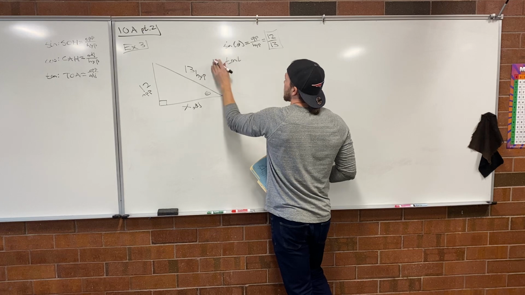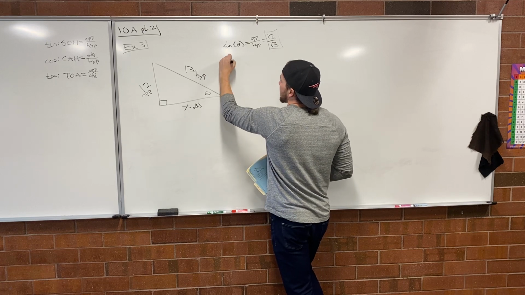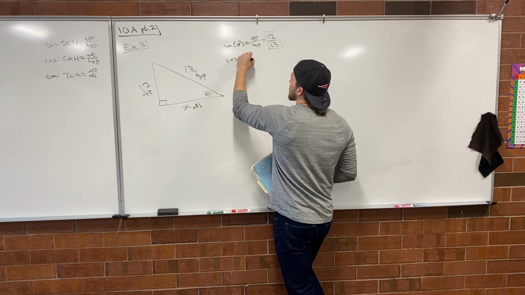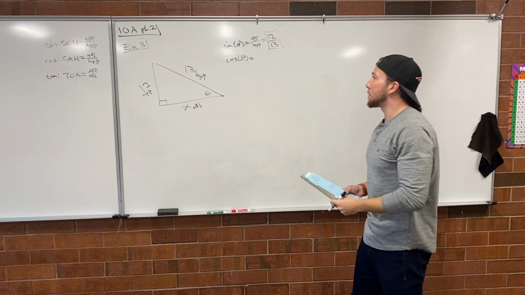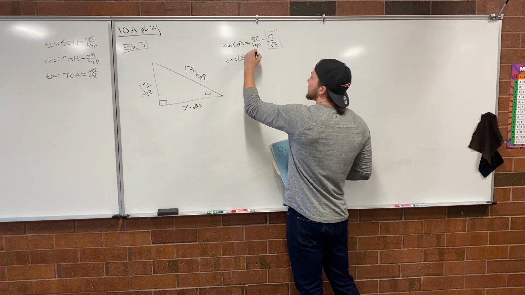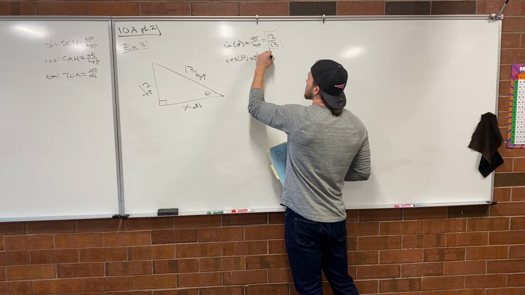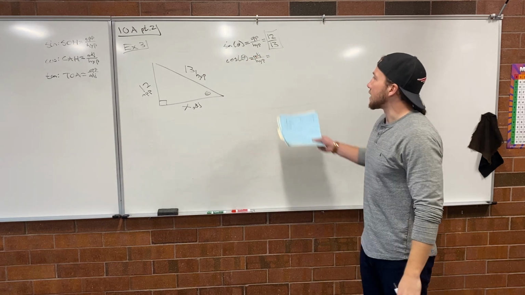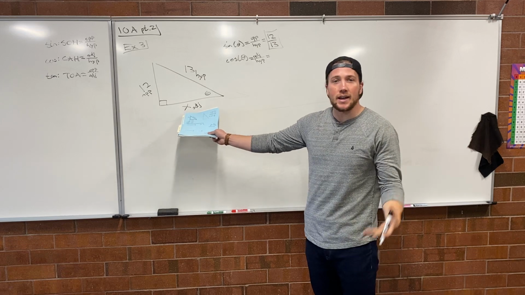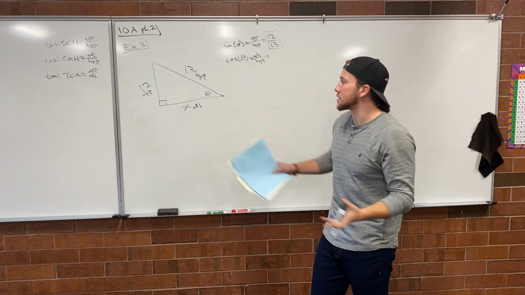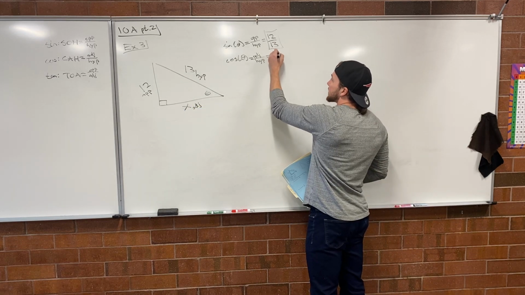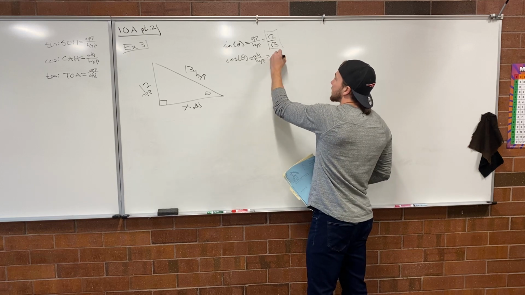Tangent, oops, I got ahead of myself here, cosine of theta. Cosine of theta is adjacent over hypotenuse, ADJ over HYP. Adjacent, I've just given it as the missing length, a variable x. So adjacent is x, hypotenuse is still 13.